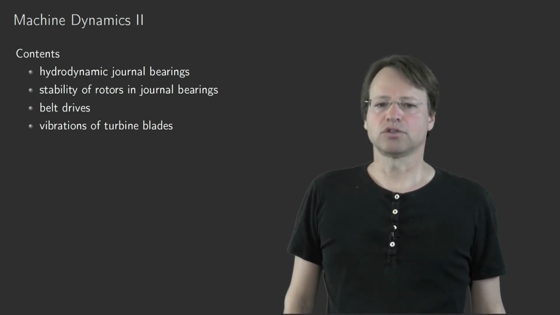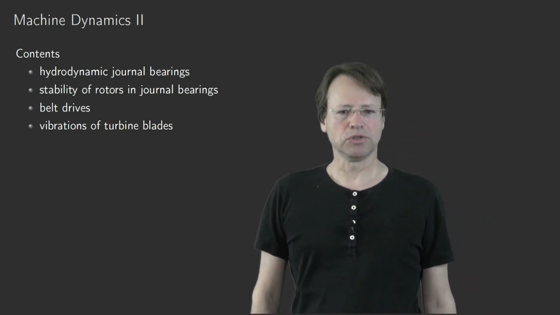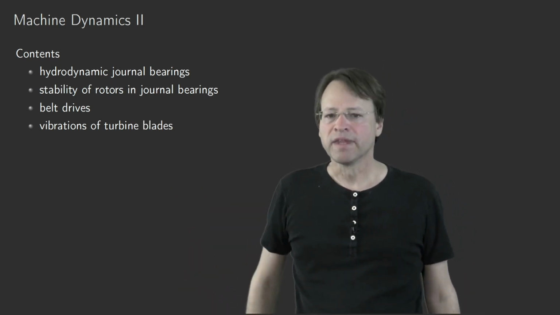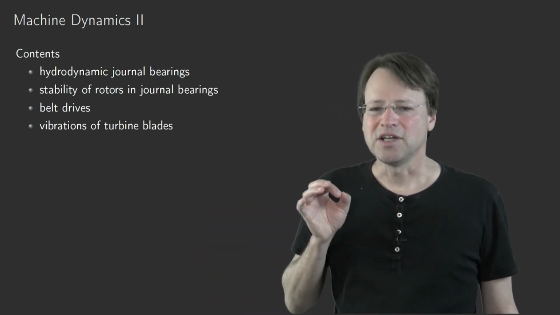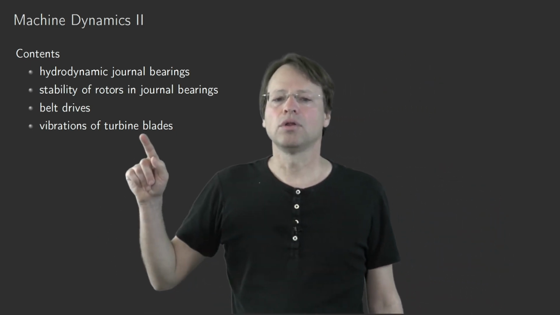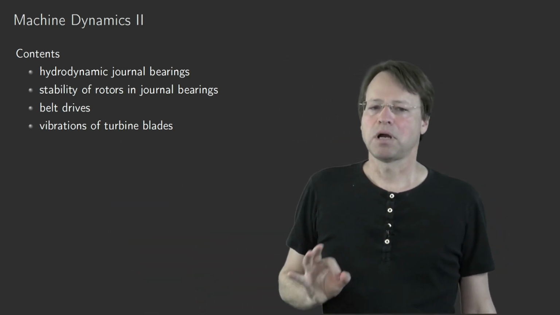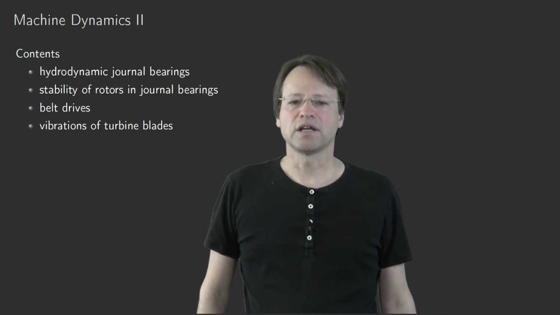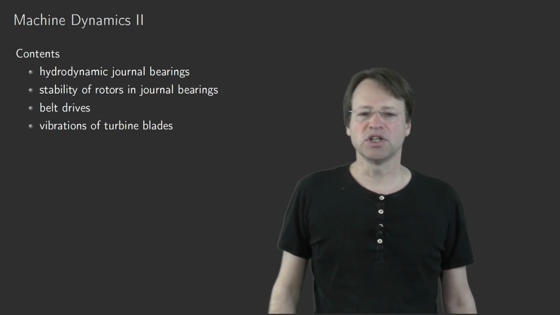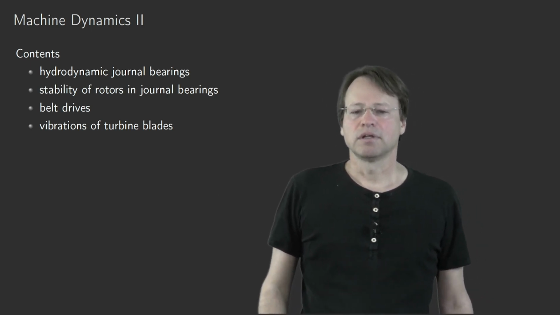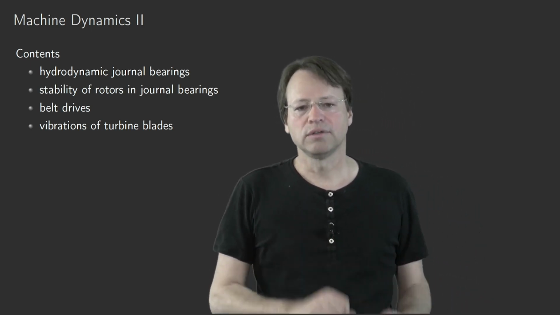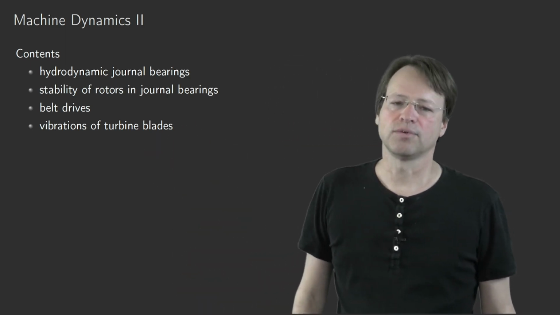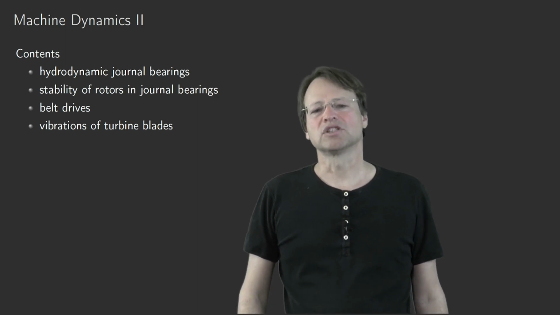So maybe you ask, well, sounds interesting, but why these subjects and not some other ones? Well, because the hidden theory behind all these subjects is partial differential equations. And this is the difference when compared with the course on Machine Dynamics. In Machine Dynamics, I deal with models that include ordinary differential equations, and here we are dealing with partial differential equations, maybe with one exception.